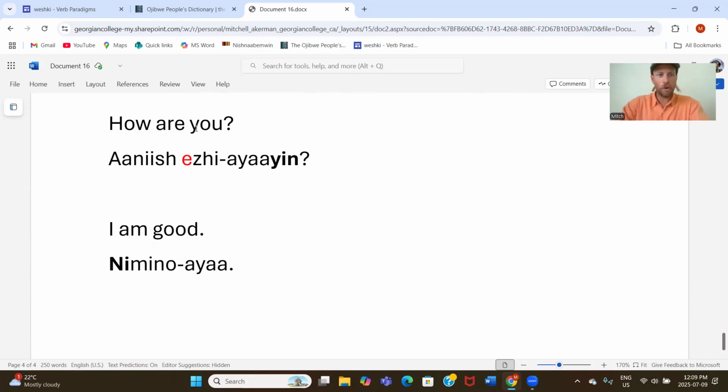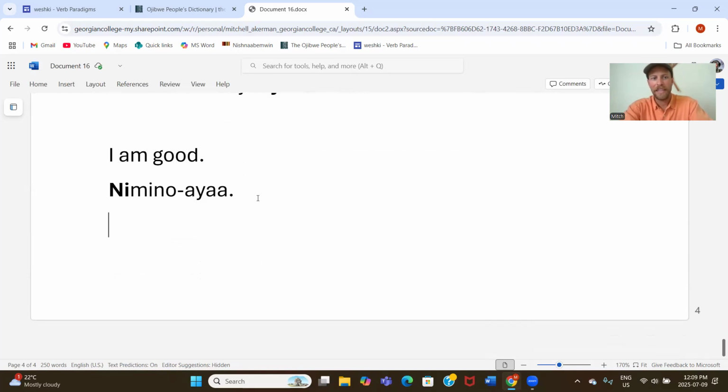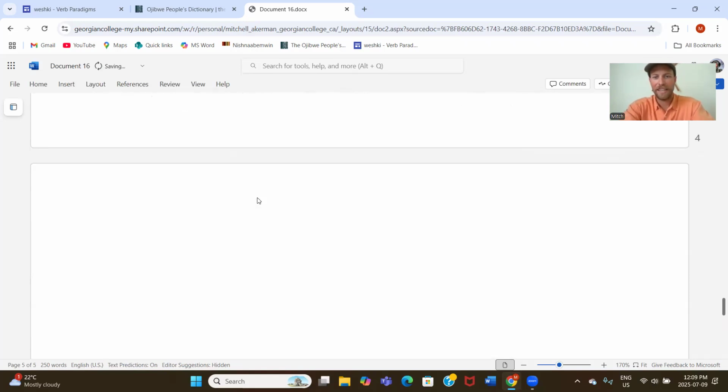Okay. So yeah, those how questions will have ije or eje somehow connected to the front. Even if I want to ask, what does the dog look like?